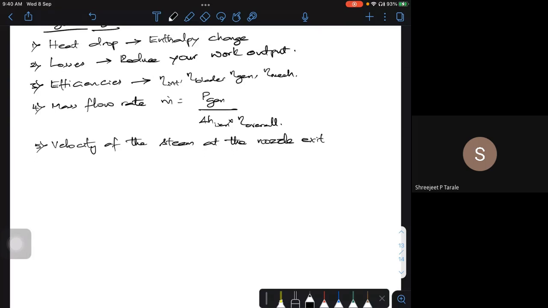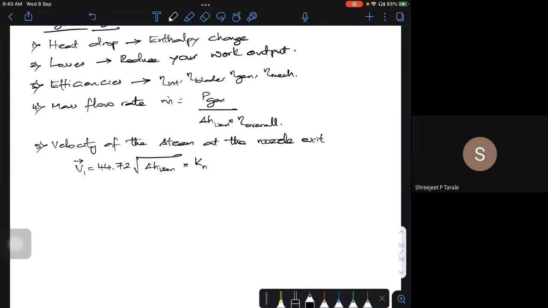If you want to do that, hope you remember that we had this particular formula, derived it, square root of 2000 delta h, or root 2gh or something. If you go back, you can look into that in your nozzles and diffusers. We had this formula 44.72 into square root of delta H isentropic into your nozzle correction factor or efficiency, whatever it may be.